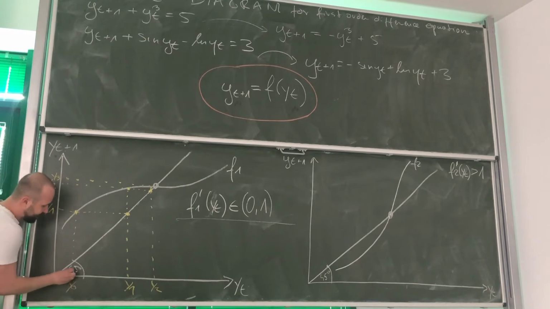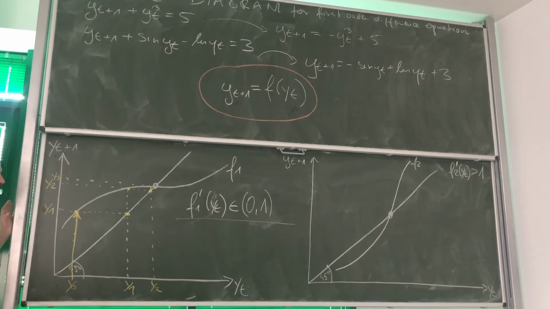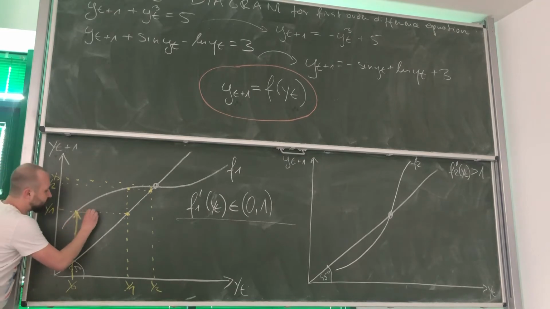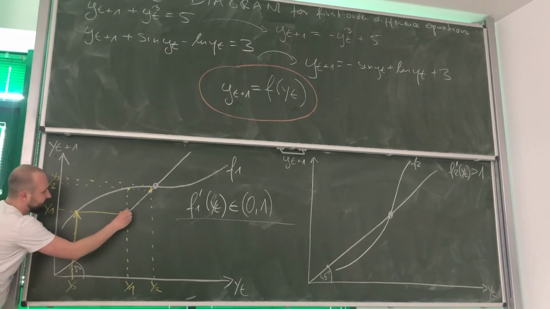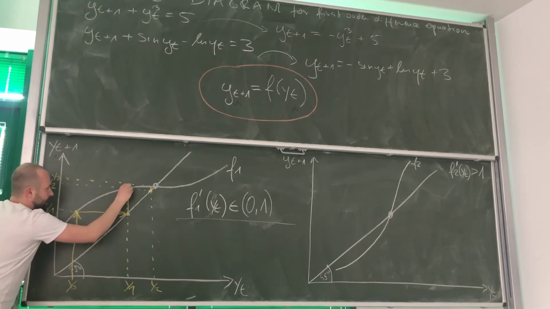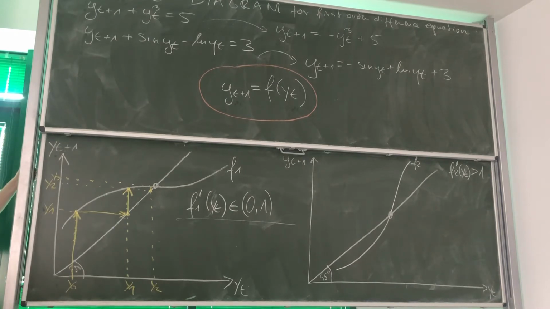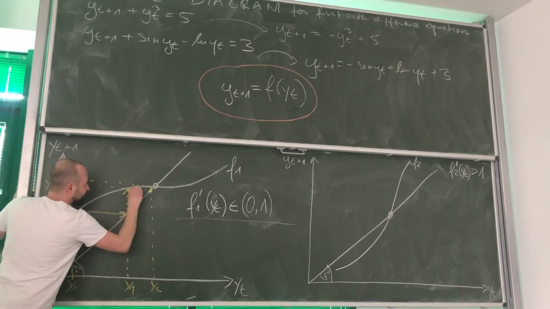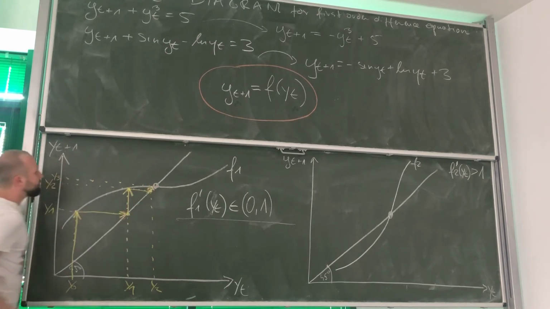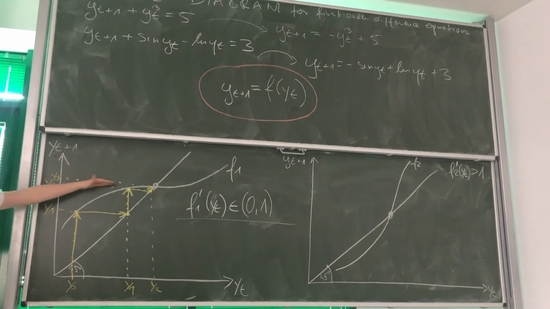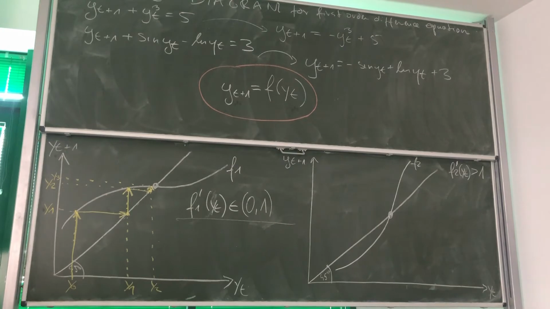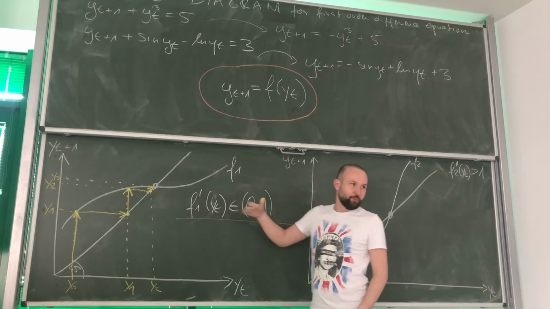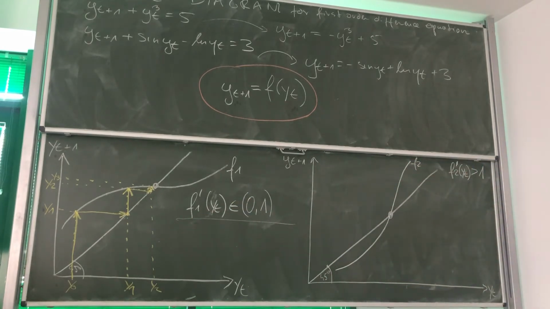Look, the line is allowing us to track what is happening. First we start at y0, and y0 will change into y1. Then we can plot this y1 over here, and we can see what will happen next. We will see y2, and y2 over here can be found. And look, what do we see over here? When the function you got is flatter than 45 degrees line, so its slope is somewhere between 0 and 1, what do we get?